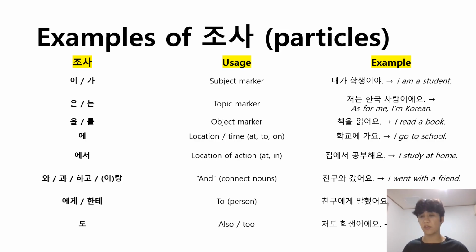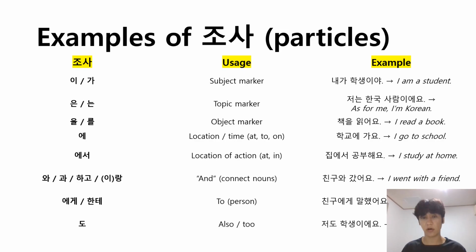And location or time particles, like 에. For example, 월요일에, on Monday, right? 5시에, at 5 o'clock, or 집에, at home. And we also have 에서, that's the location of action, or from somewhere. For example, 서울에서 오고 있어요, I'm coming from Seoul. Or 서울에서 일해요, I work in Seoul.